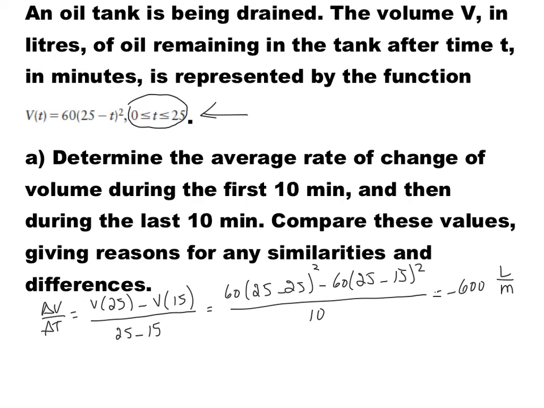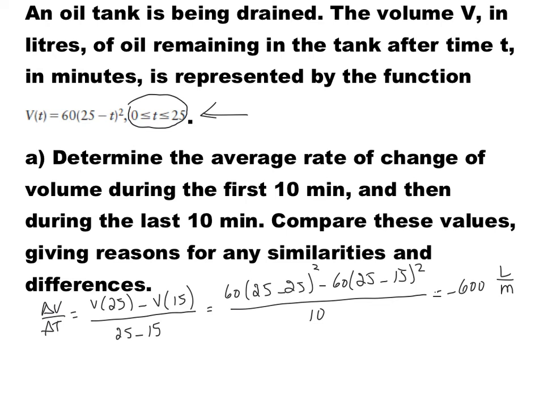Now the question is asking, compare these values, giving reasons for any similarities and differences. The first 10 minutes, we found that the average rate of change is negative 2400 liters per minute. For the last 10 minutes, it's negative 600 liters per minute. Both of them are negative, so it means that the volume is decreasing because the oil is being drained.